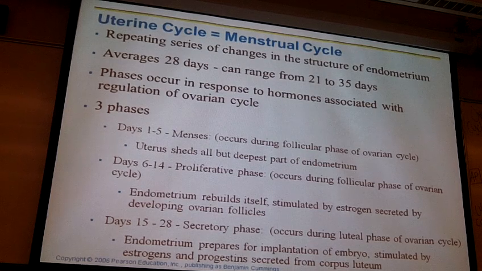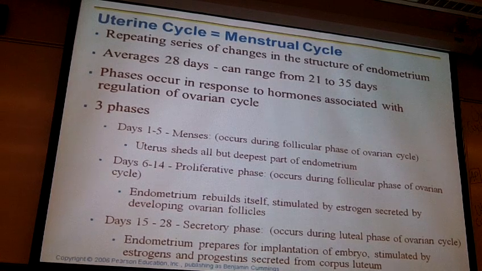The second phase, it goes out to about day 14. This is called the proliferative phase. And then from day 14 till the end of the cycle, this is the secretory phase.